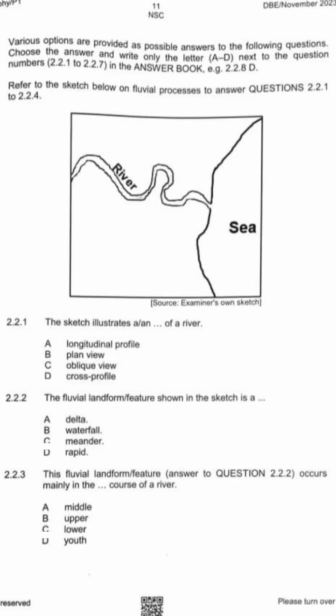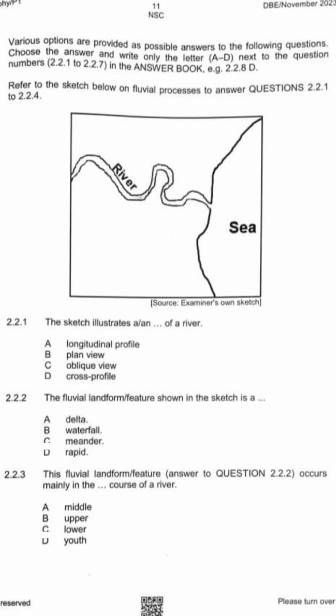Okay, 2.2.2 says the fluvial landform or feature shown here in the sketch is: A, a delta, B, a waterfall, C, a meander, or D, a rapid? So let's look at our options. What do we see?